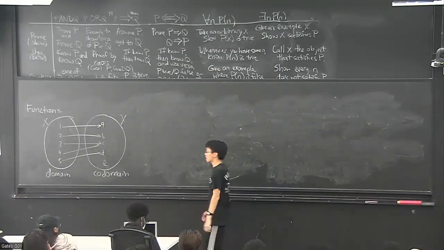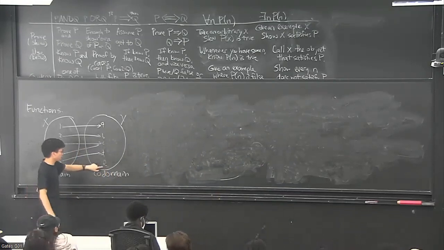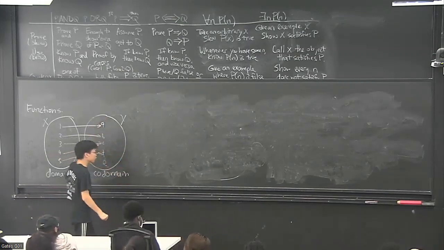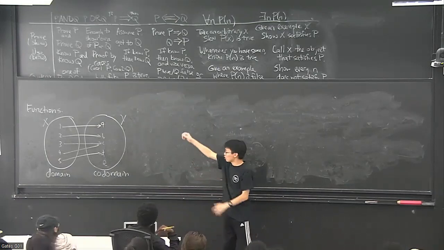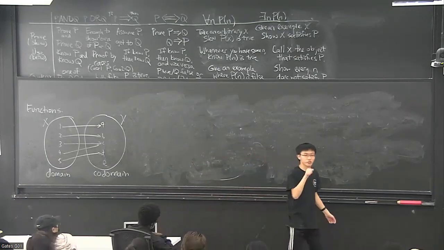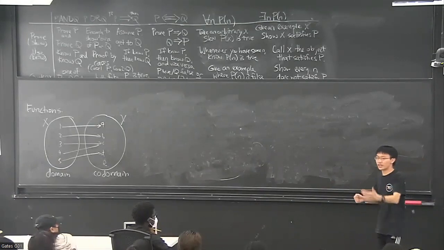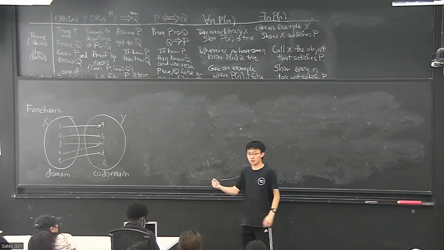The reason I use potential is that it's possible that some things here won't have any arrows, and some may have more than one arrow. The codomain lists all potential outputs, though not necessarily all of them will get arrows, and not necessarily just one arrow. Some will get multiple, some may get none.